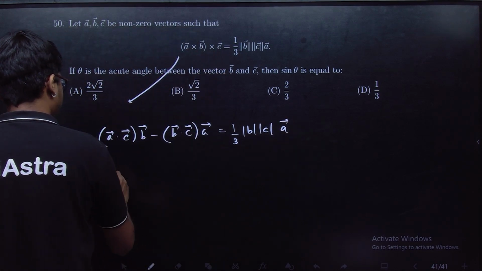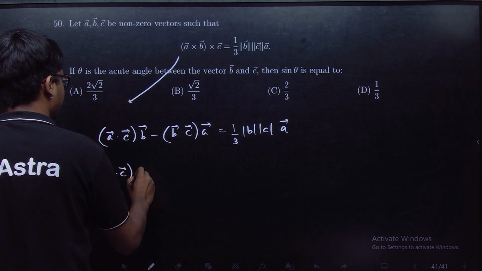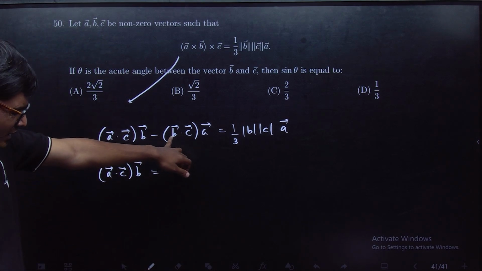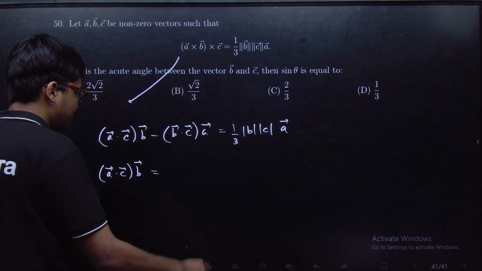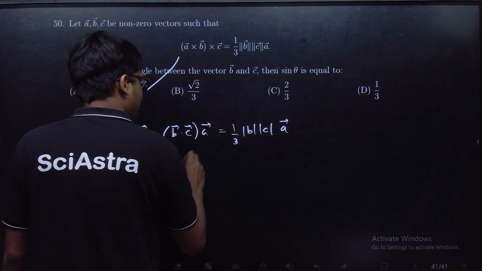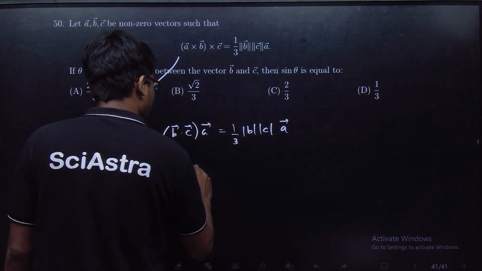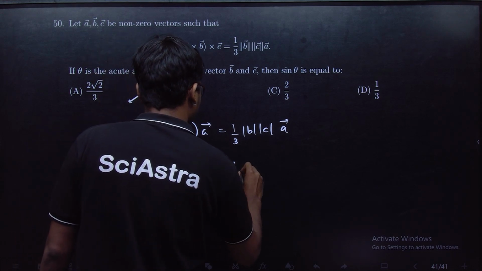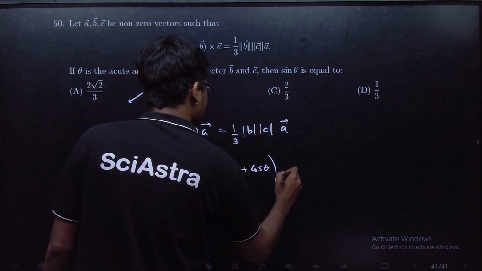Now from here I can write that A dot C times B vector is going to be equal to mod B times mod C. B dot C is what? Mod B mod C cos theta, right? Where theta is the angle between B and C. So I send it to the other side. I can take mod B mod C common from both the terms. I'll be left with 1 by 3 plus cos theta times A vector, right?